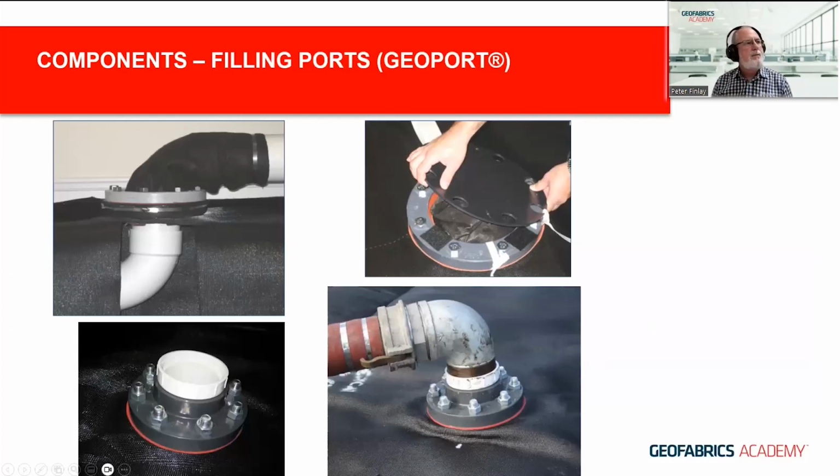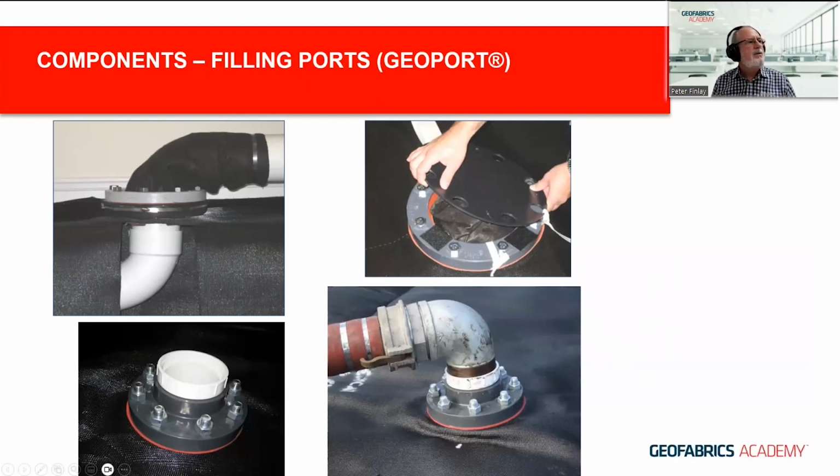I just mentioned the circumferential seaming: because you're getting greater strength transfer, it means that they've been able to pump the geotubes to a higher height.